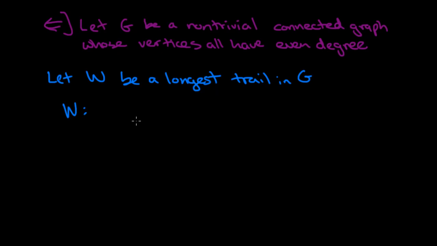So let's say that we are going to start with vertex V0 and then use up an edge E1 to get to vertex V1, and then another edge E2 to get to vertex V2, and we keep going.